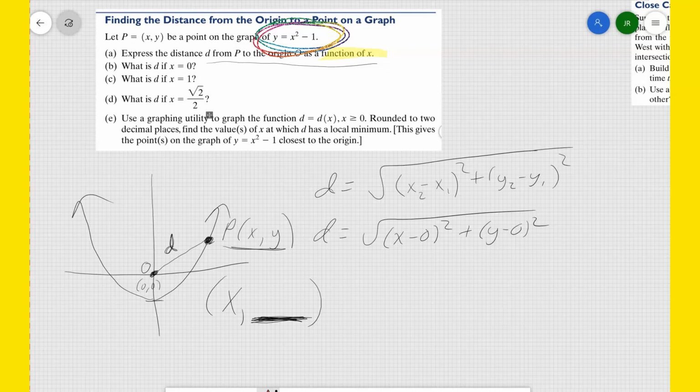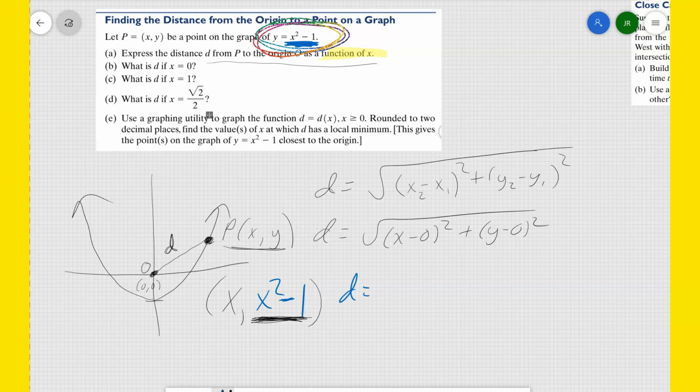So instead of putting y, I can put this, because this is what y is equal to in terms of x. Every y coordinate is the x coordinate squared minus 1. So instead of putting y, I'm going to put x squared minus 1, because that's what y is everywhere on that parabola.